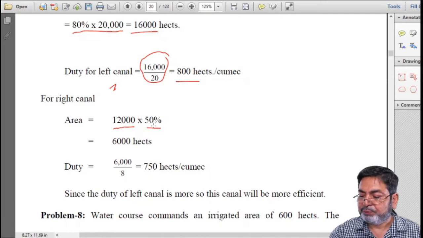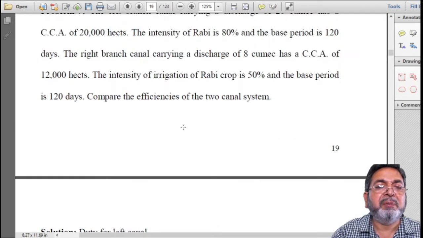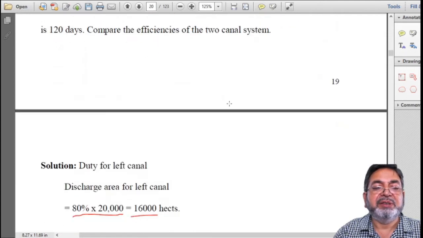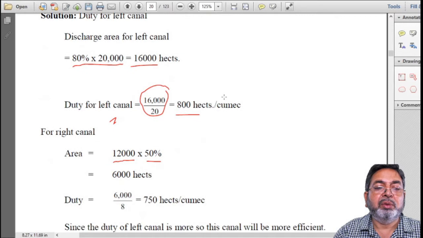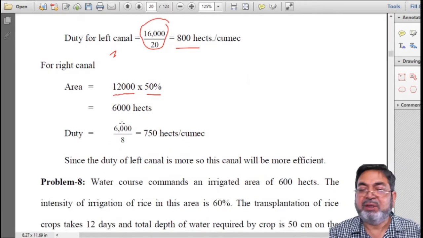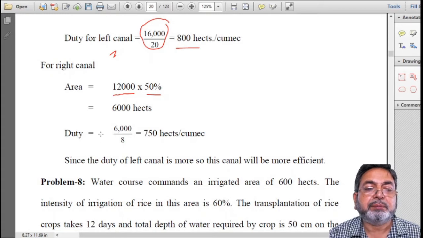You can see here, go back in the problem and see the intensity of irrigation for Rabi is 50% for right branch canal. So 50% of 12,000, it is 6,000 hectares. So this is the area.